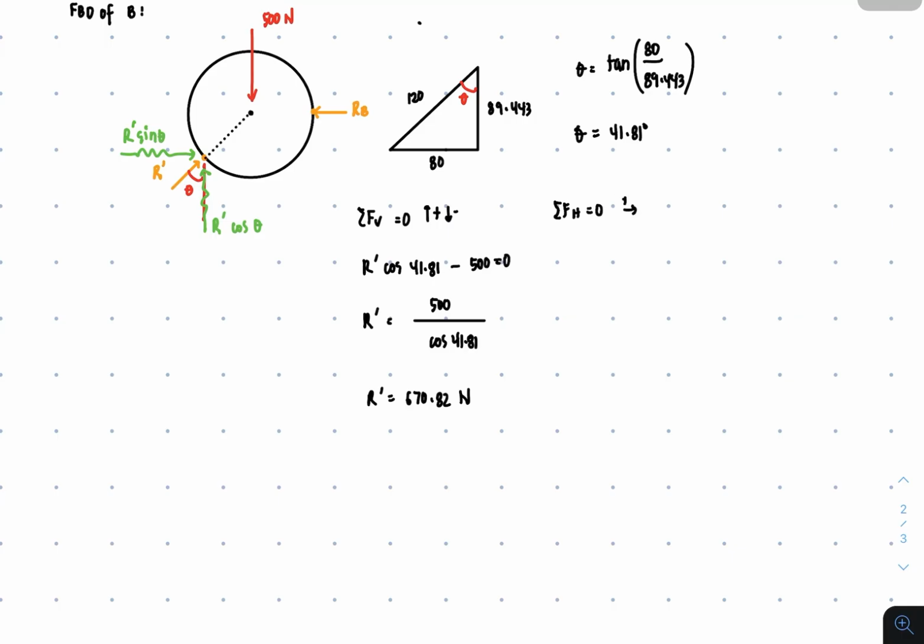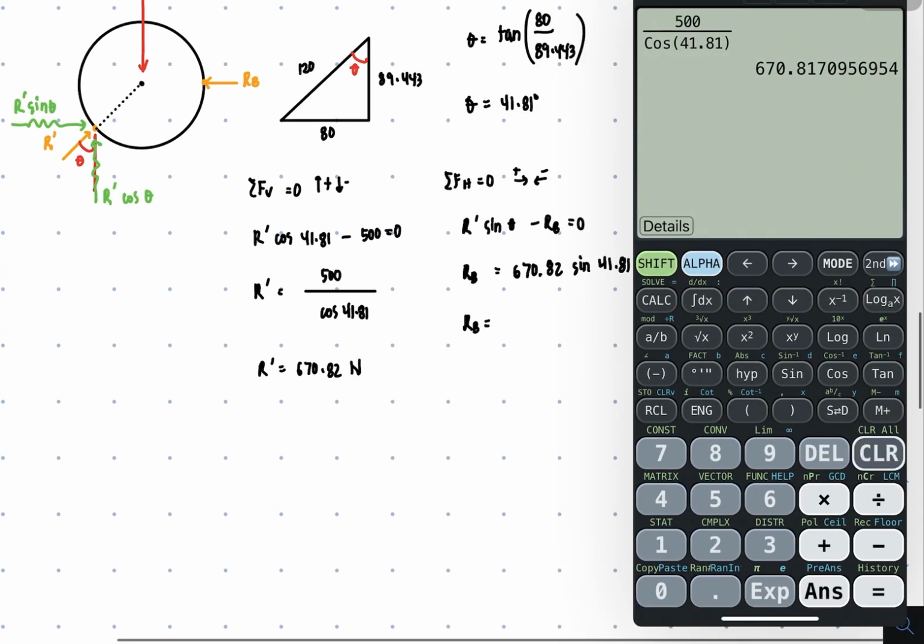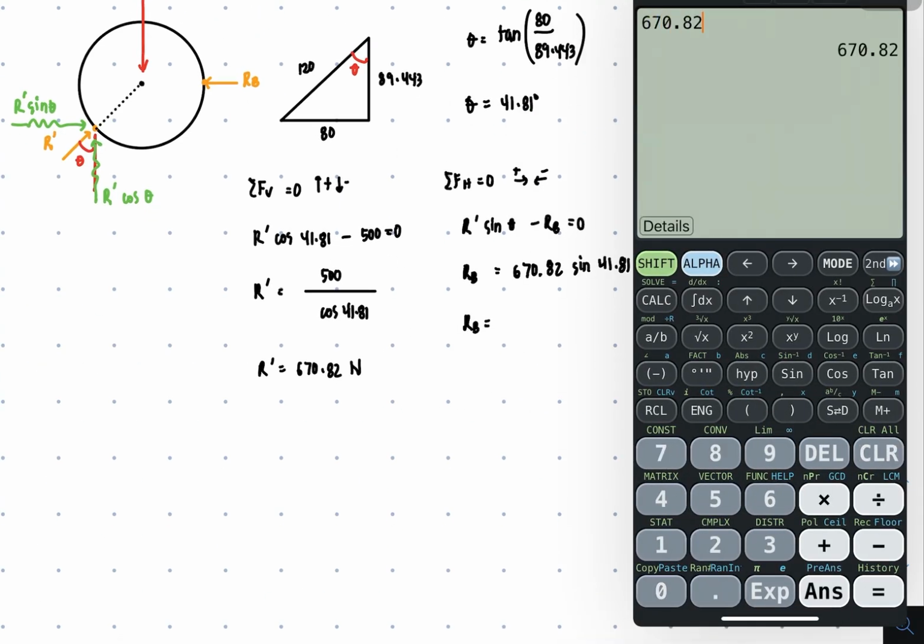So to the right positive, to the left negative. So R prime is to the right, sine of theta minus RB equal to 0. Transposing RB to the other side, we will have RB equal to R prime sine of 41.81, so 670.82 sine of 41.81.